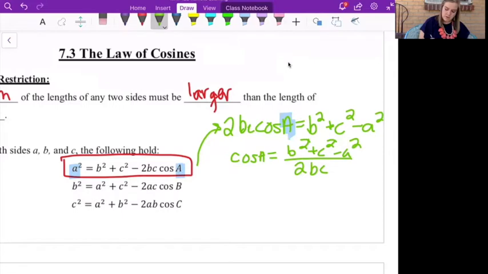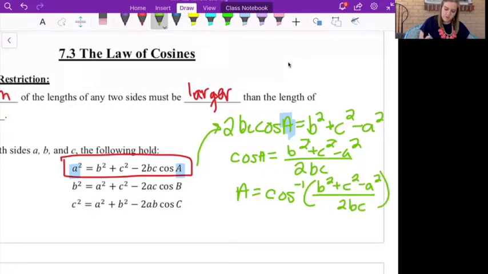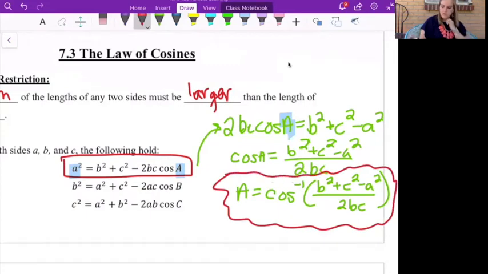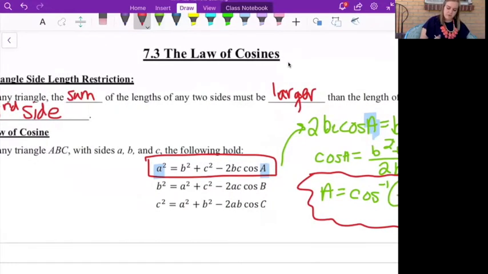And then the last thing that we would have to do to solve for our angle would be to take cosine inverse of all of this. So this is a very important formula that will be very helpful with law of cosines. And that's if we're looking for the angle.